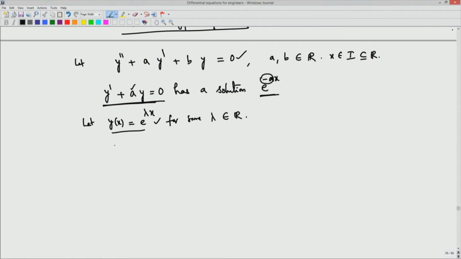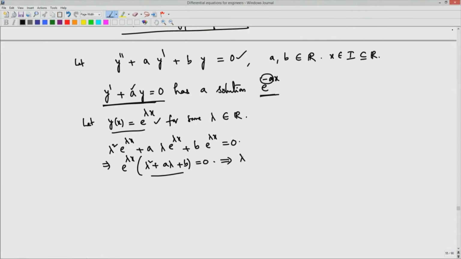You substitute this into the equation: lambda square e power lambda x plus a times lambda e power lambda x plus b times e power lambda x equal to 0. This gives e power lambda x into lambda square plus a lambda plus b equal to 0. Since the exponential cannot be 0, this implies lambda square plus a lambda plus b equal to 0.